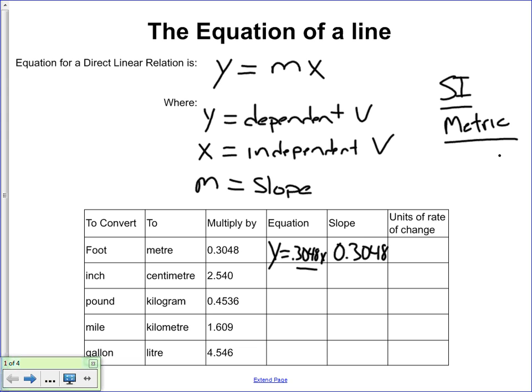And our units of rate of change, well, that's feet per meter, right? So what does that mean? That means that there is about 0.3 feet per meter. Okay, so that's a quick way to do it. And we're going to look at an example.